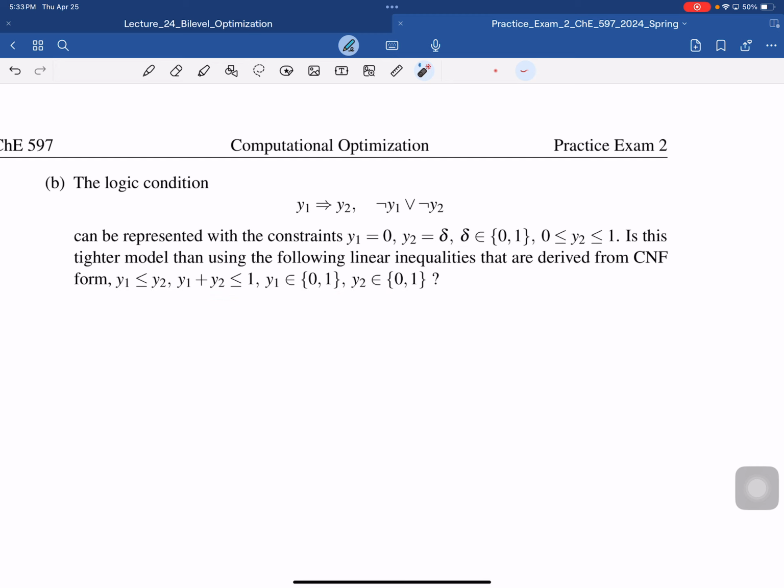This is a general question: if I give you two MILP formulations, how do you compare them? To compare the linear programming relaxations, you prove that one polyhedral set is contained in the other, or vice versa. So how do you prove one polyhedral set is contained in the other?